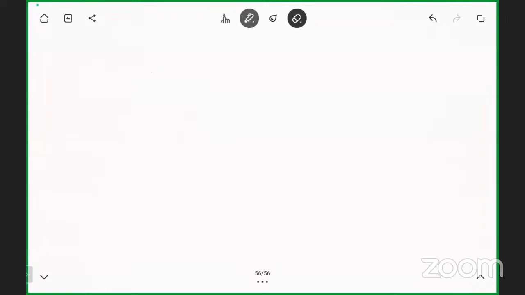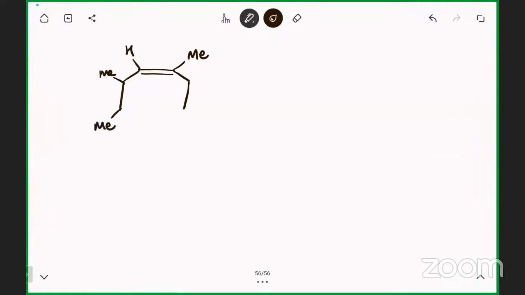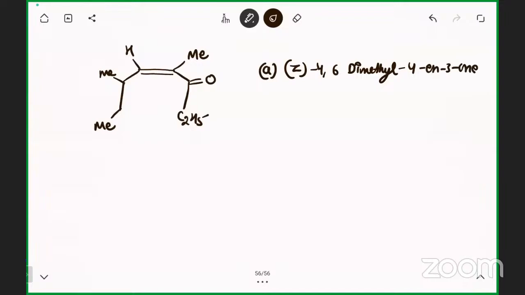Wait, I'm making one structure. You have to tell me what is the correct name. I'll give you the options. First option, Z-4,6-dimethyl-4-ene-3-one.